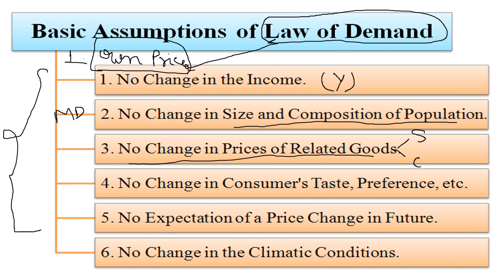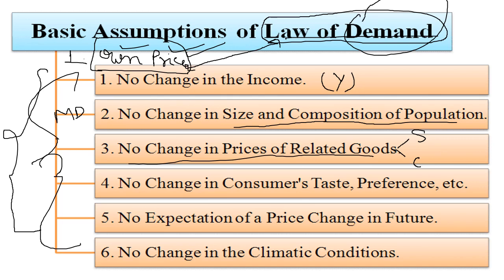That means in this law of demand, own price of the commodity is playing the major role, because all other factors except this factor are constant. Only this factor is playing a game in this law of demand. When own price of the commodity will change, then only the demand will change, keeping all other factors constant. Clear?